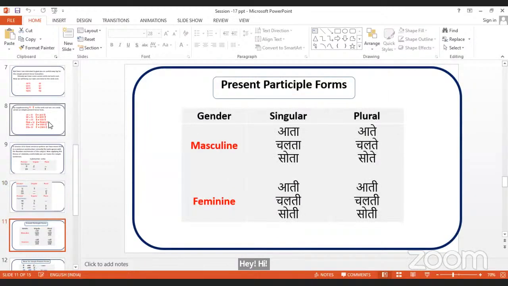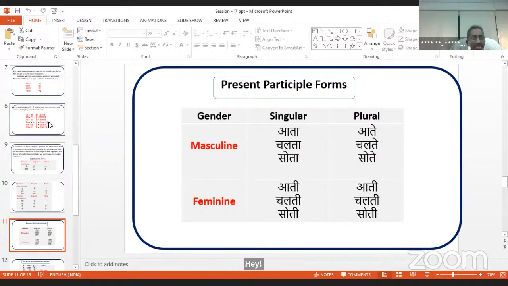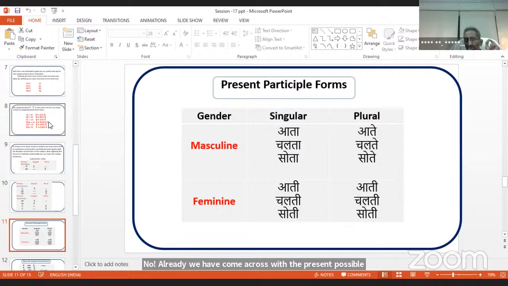Now, already we have come across the present participle form. Here the gender also we will mingle with the present participle form. So already I told you that gender part, two will be there, masculine and feminine, and number part also there will be two.